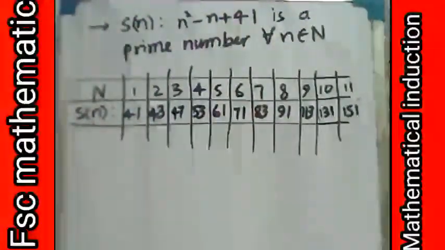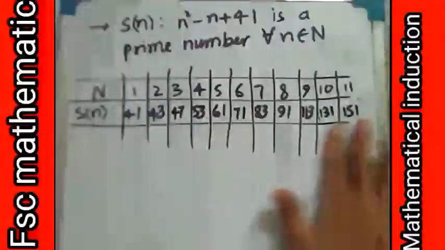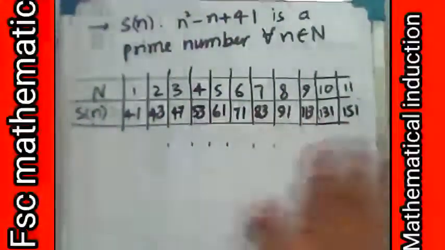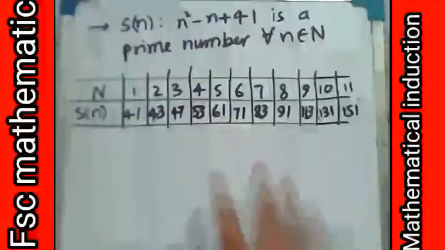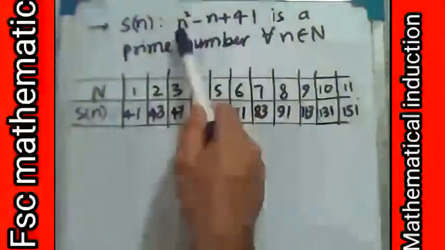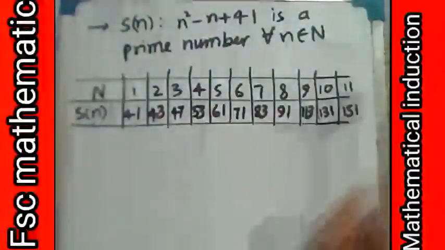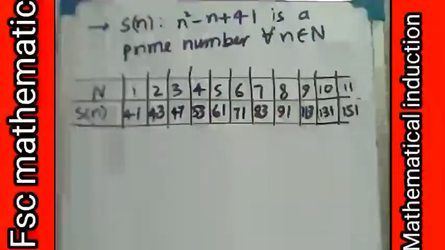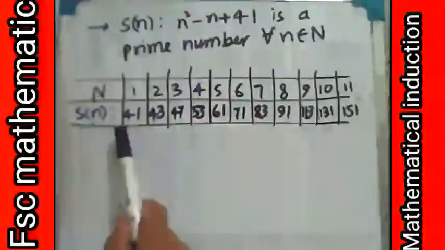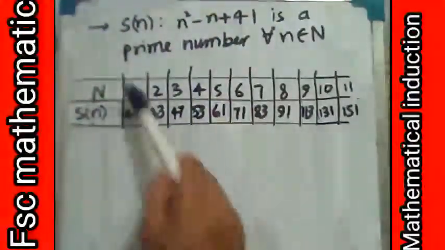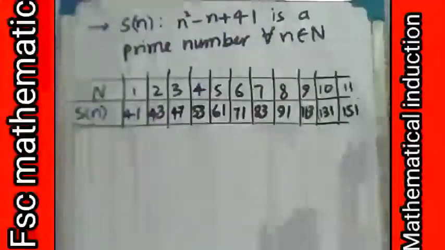So when these are prime numbers, we can talk about the above statement, which claims that S of n, where n square minus n plus 41, is a prime number for all natural numbers. When we substitute these 11 natural numbers, we always find prime numbers.